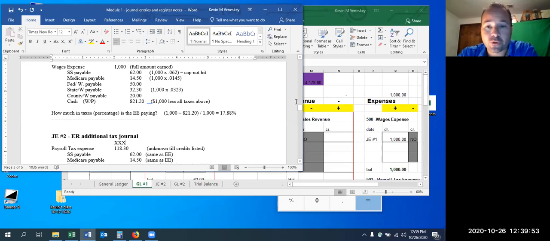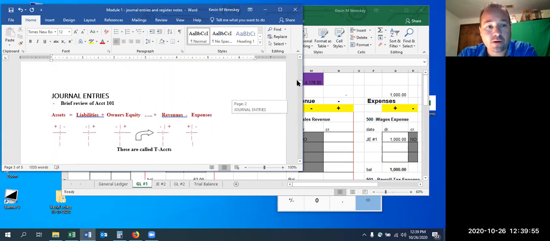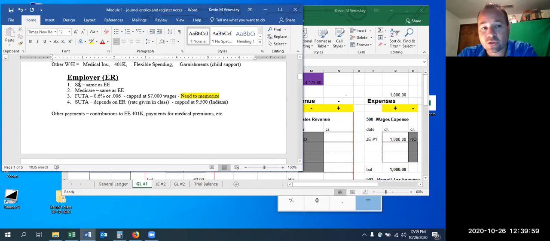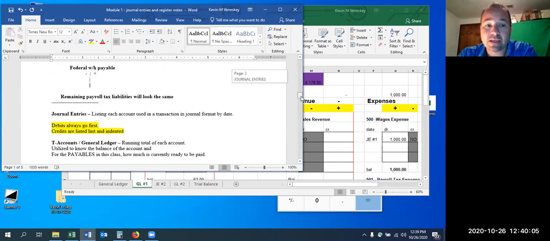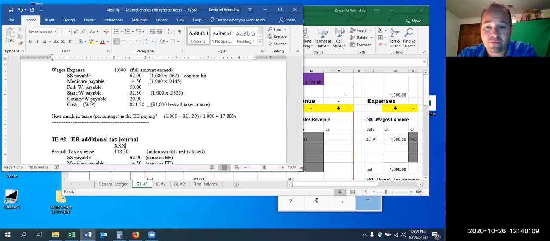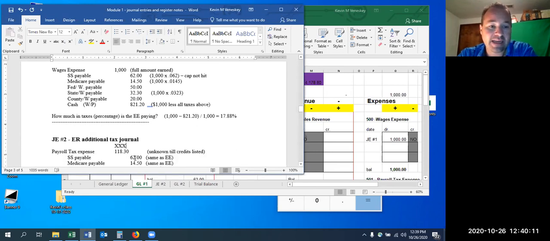So remember the first two, when we go back up to our items that the employer has to pay, they have to pay Social Security, Medicare, FUTA, and SUTA. Social Security and Medicare are whatever the employee paid, the employer has to chip in as well. So that's easy. My first 2 numbers that I need to add into my T accounts and journal are another Social Security and another Medicare.